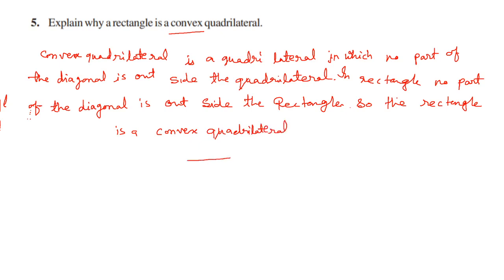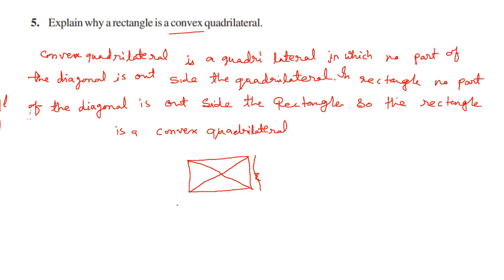You can understand this with the help of the diagram also. This is a rectangle, and no part of the diagonal is outside the rectangle. If all the diagonals are inside the rectangle, that means this is a convex quadrilateral.